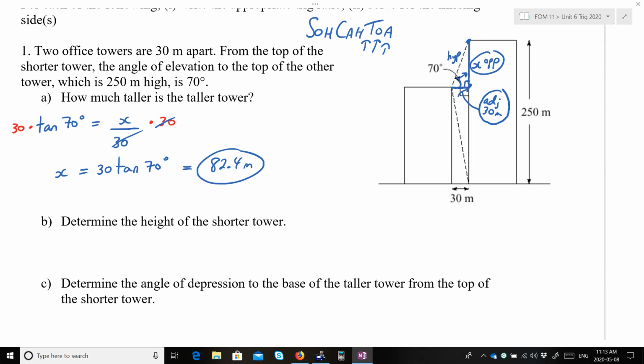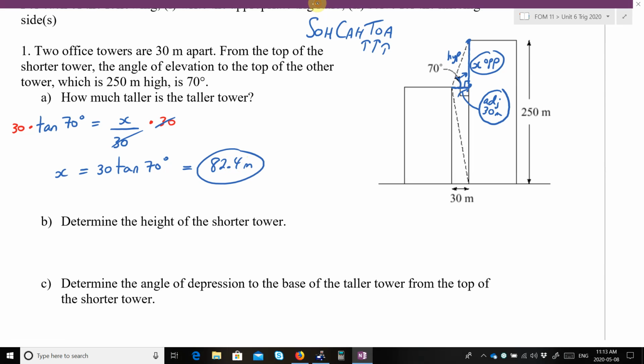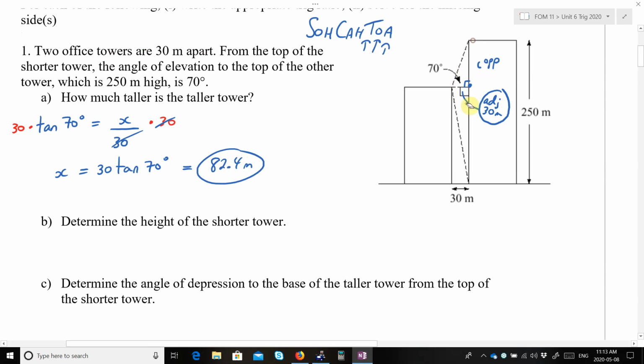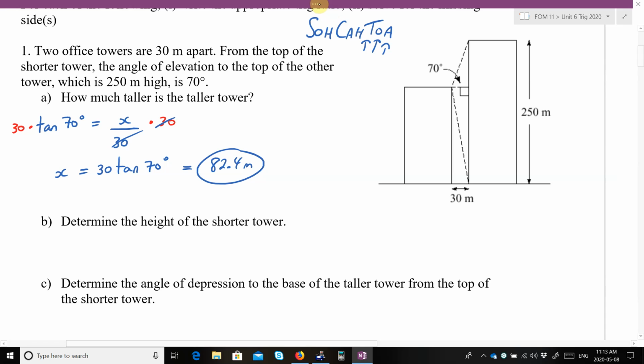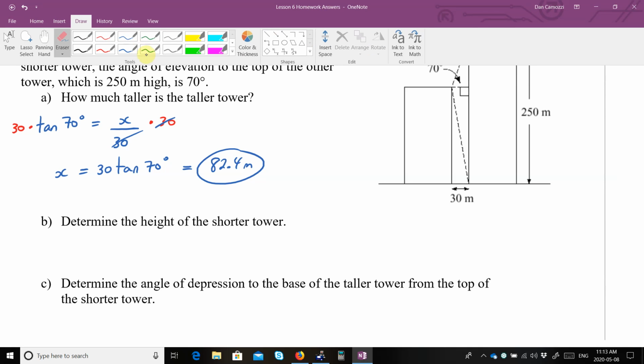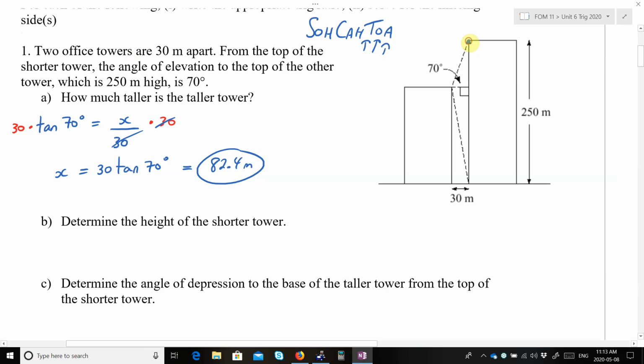Okay, so part B, determine the height of the shorter tower. So now, if we want to erase some of this stuff, we just figured out that this length right here is 82.4 meters. That's how much taller the taller tower is.